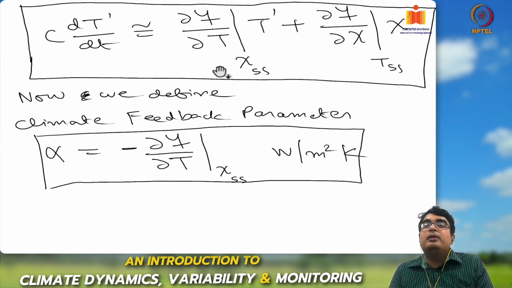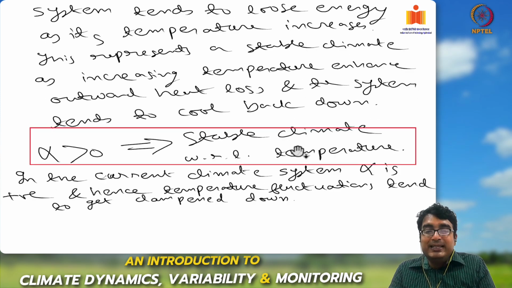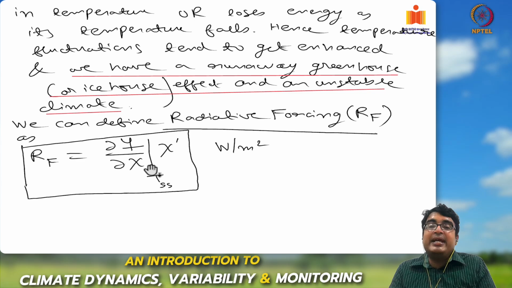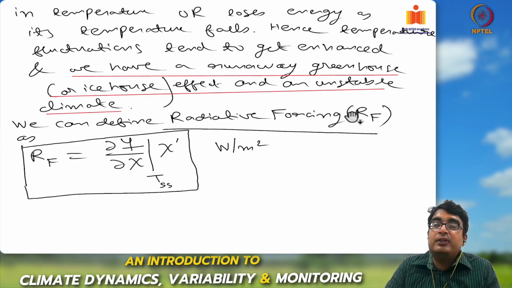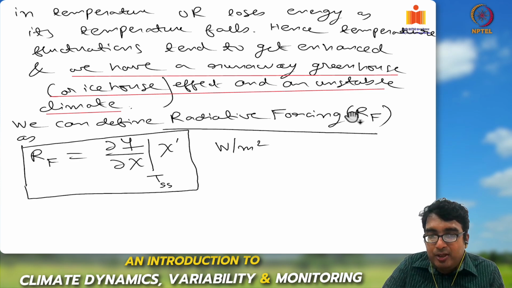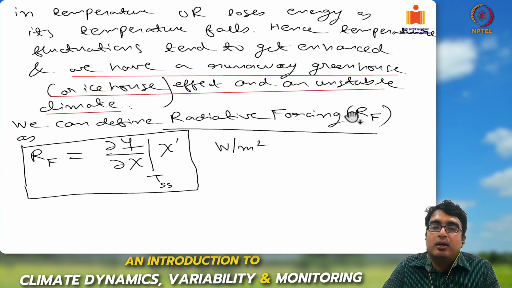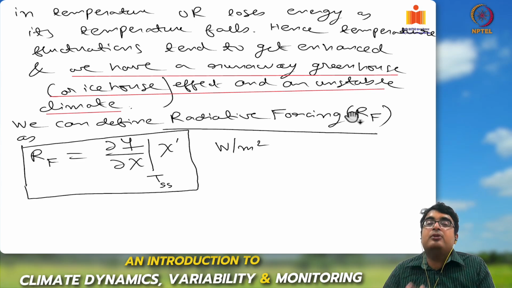Alright. Now we will look at the second term, ∂F/∂X. This ∂F/∂X is the radiative forcing term RF that we have been discussing. It's the gradient of the net incoming radiation with change in greenhouse gas concentration multiplied by the absolute perturbation in the greenhouse gas concentration.